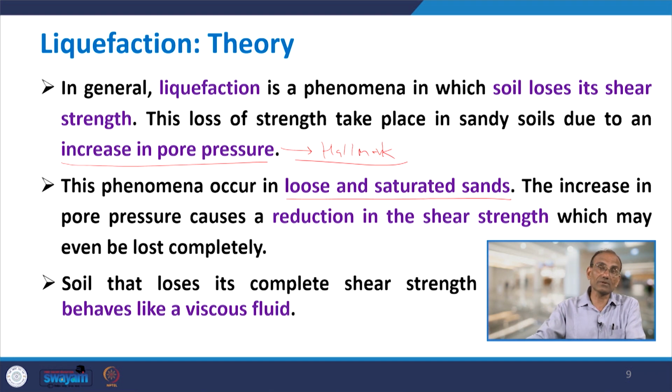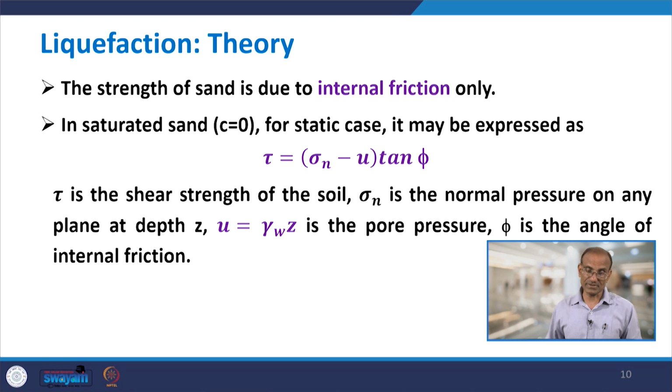If there is complete loss of the shear strength, that is the point where we say it is liquefaction. Soil that loses its complete shear strength will behave like a viscous fluid, and the behavior of the soil becomes like a fluid.